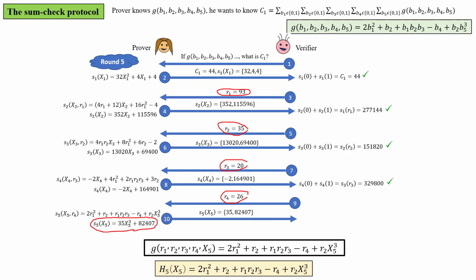So similar to previous verification steps, the verifier needs to calculate s5(0) and s5(1) based on the coefficients received in round 5, and also calculate s4(r4) based on the received coefficients of polynomial s4 from the previous round, and then the verifier should check whether these two values are equal to each other or not.